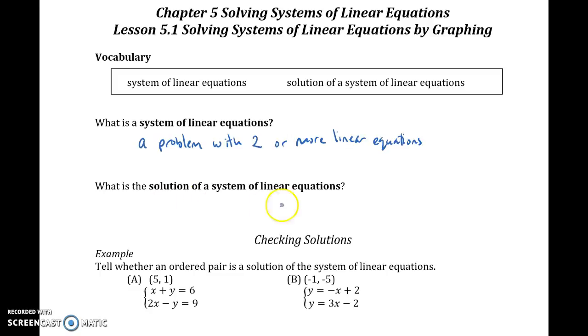And solving a system of linear equations gives us something pretty neat. It's going to be an ordered pair x and y that is true for both equations.